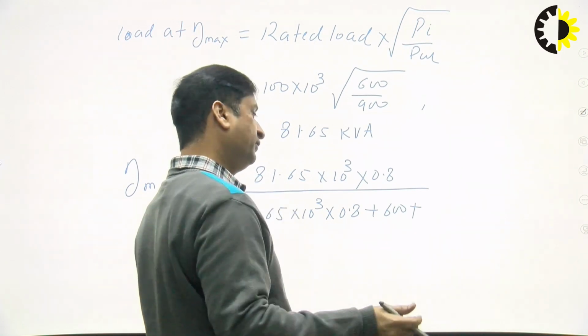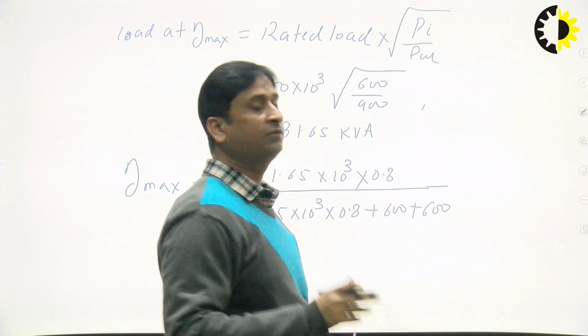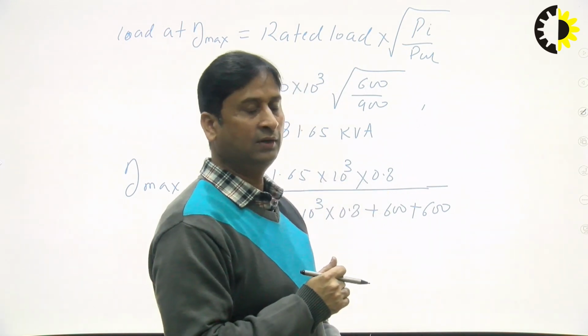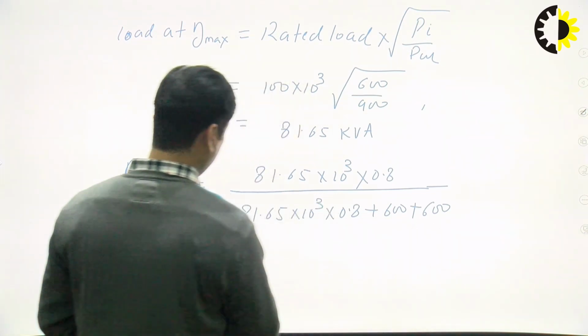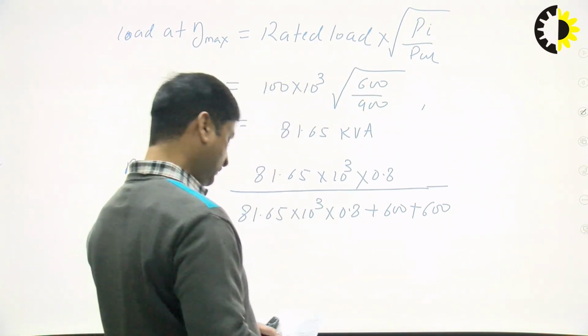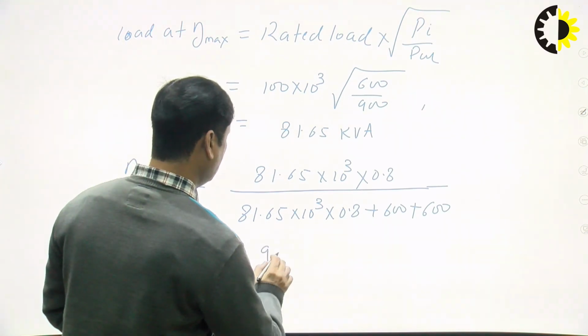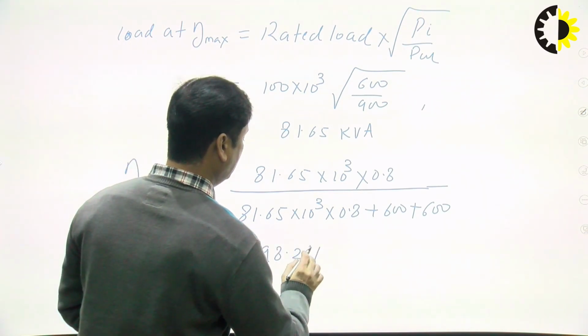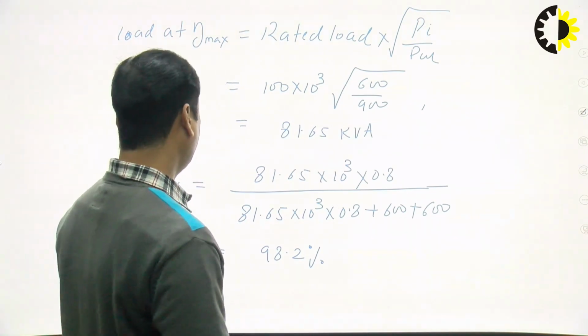But at maximum efficiency, both the losses become the same, that is, the copper loss will be equal to the iron loss. So again the copper loss will be 600. When we calculate this, it must be equal to 98.2%.